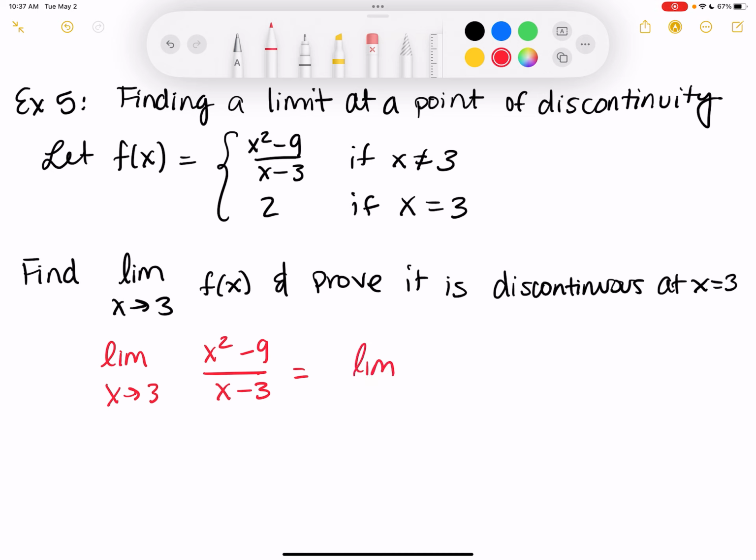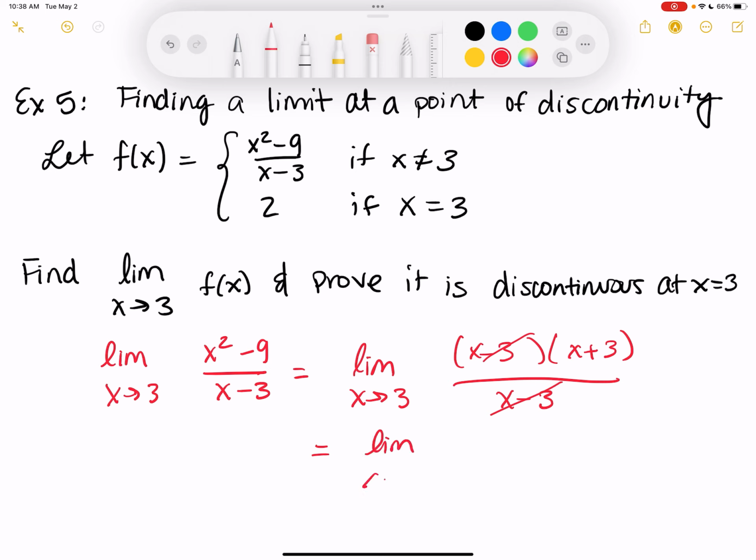What does the top factor into? x plus 3 times x minus 3. So then you can cancel out the x minus 3s. So the limit as x approaches 3 of x plus 3 would be 6.